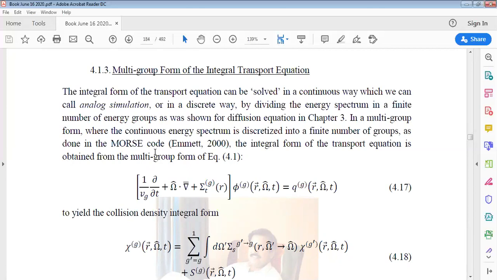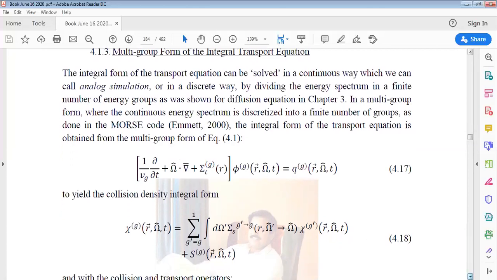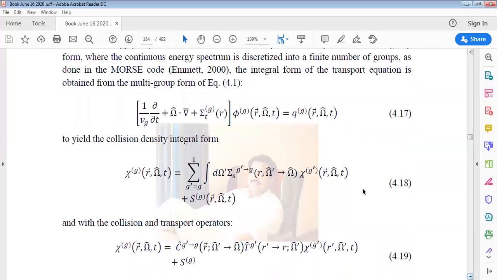I found it to be a very logical, straightforward kind of thing, which you understand very easily. You divide the entire energy spectrum into a discrete number of groups, and you solve the matrices, and you solve for the vector of the group fluxes in the domains of interest.